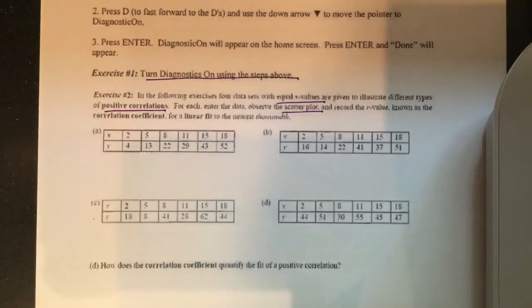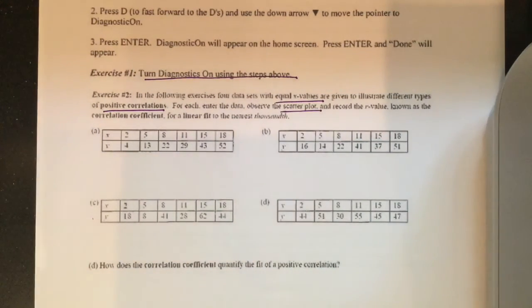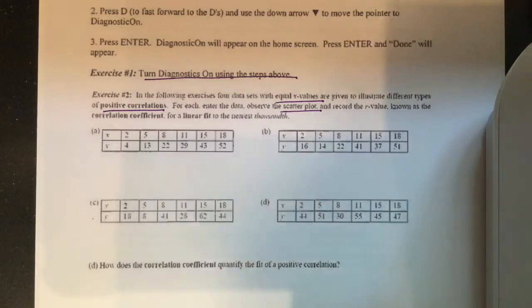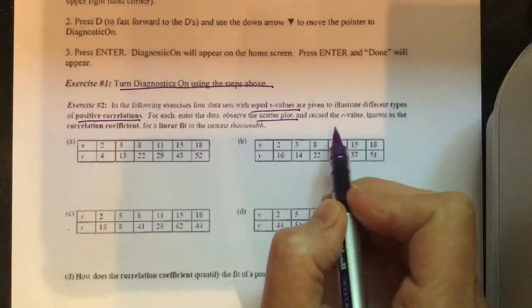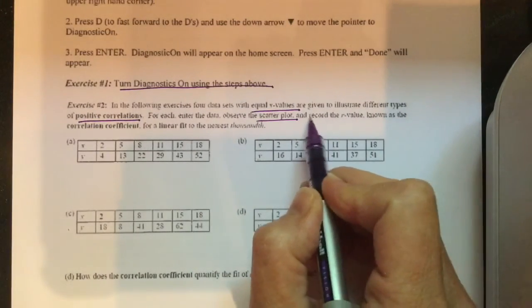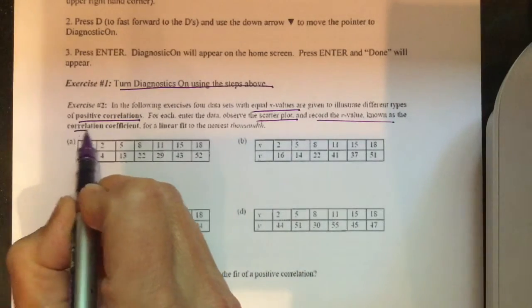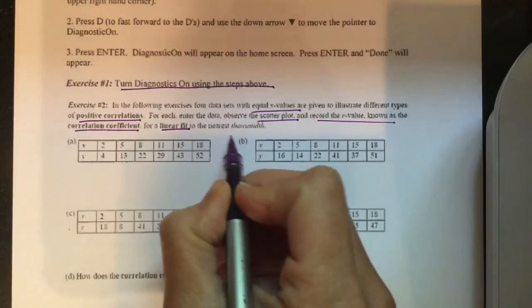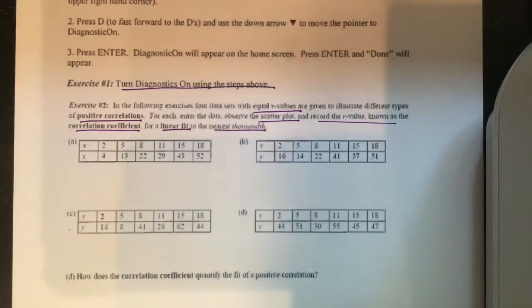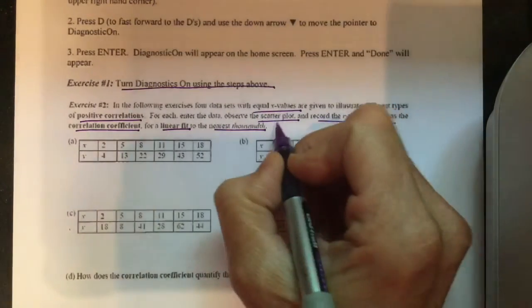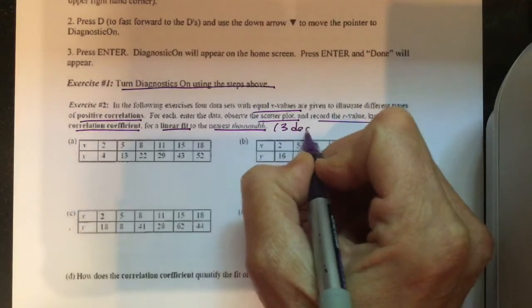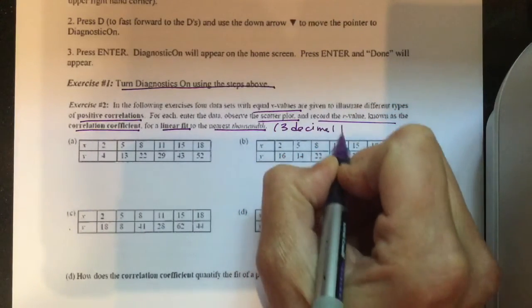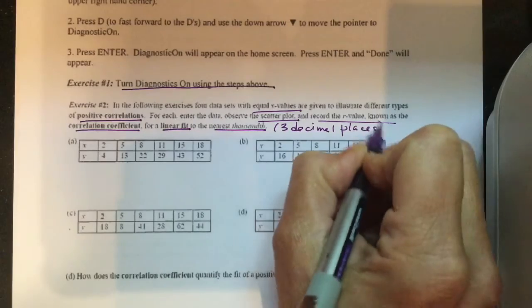All right, so remember we have to turn our stat plot on and use zoom 9, and we'll talk about that in a minute. And then we're going to find those R values of the correlation coefficient by finding our linear best fit to the nearest thousandths. Okay, that is 3 decimal places. So we're going to round to 3 decimal places.